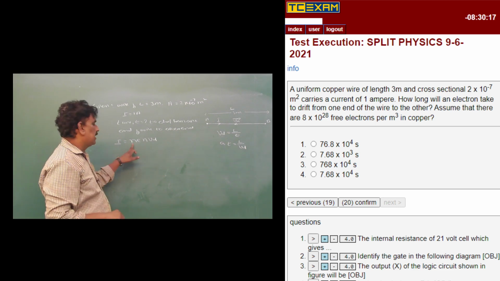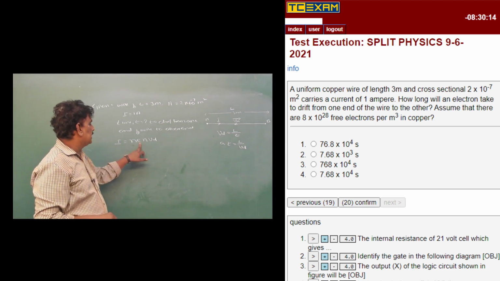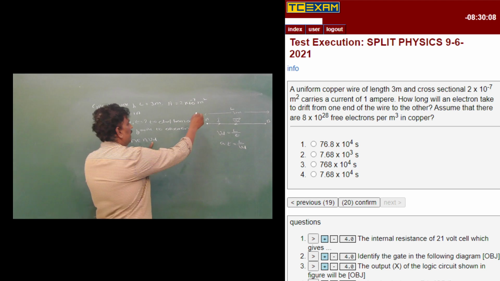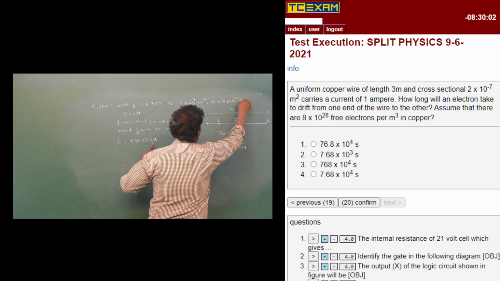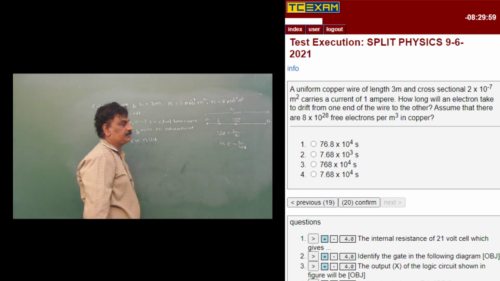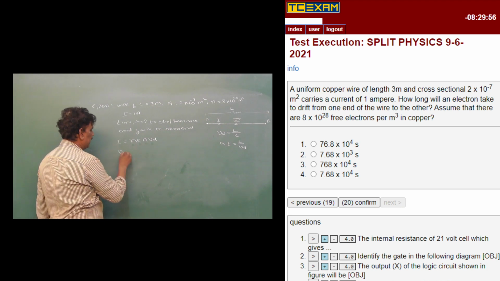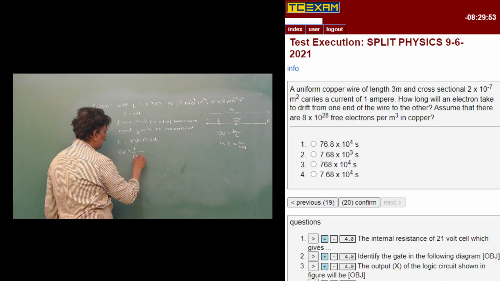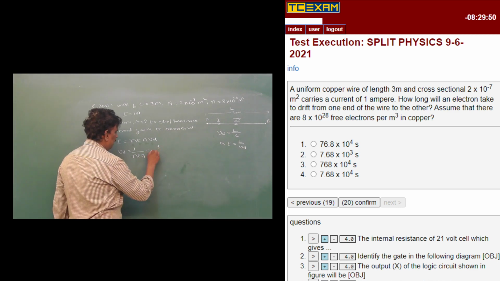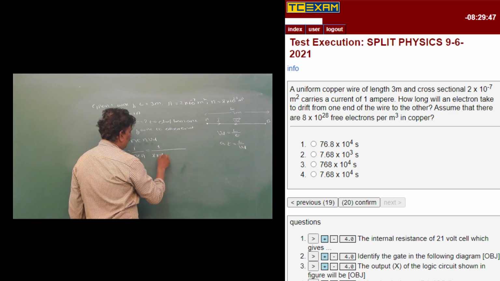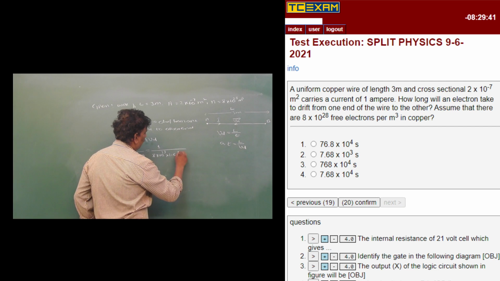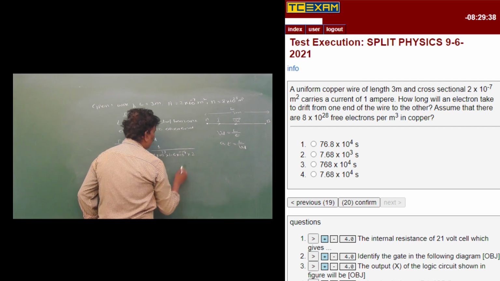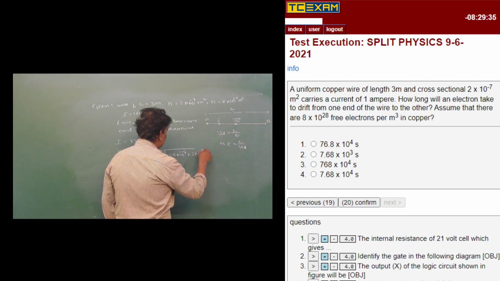Where N is the free electron density, E is the charge of the electron, A is the area of cross section, and Vd is the drift velocity. The free electron density is given as 8 into 10 raised to the power of 28 per meter cube. Now from this equation we have Vd is equal to I by N E A, that is 1 by 8 into 10 power 28 into 1.6 into 10 power minus 19 into 2 into 10 power minus 7.